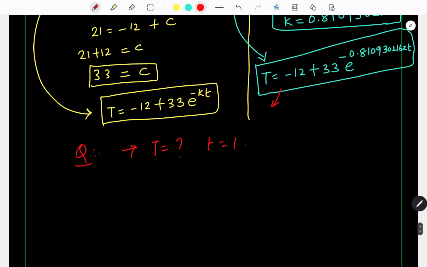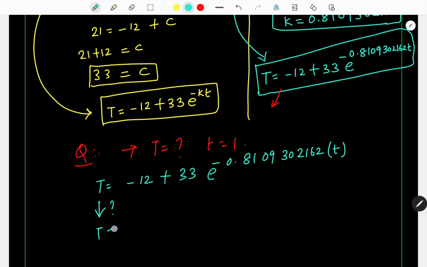Take this equation again: T equals minus 12 plus 33 e power minus 0.8109302162t, and t is 1.